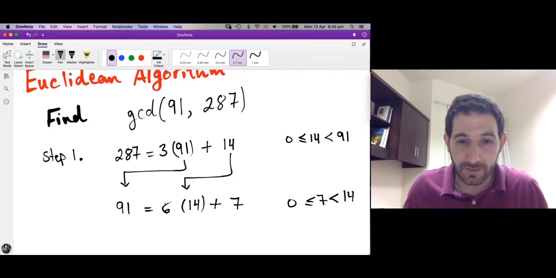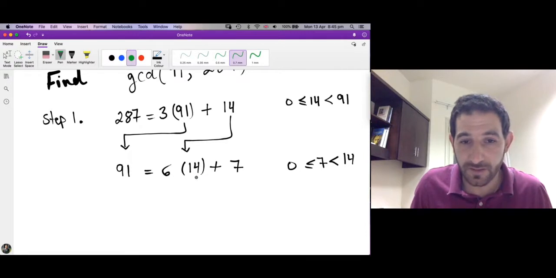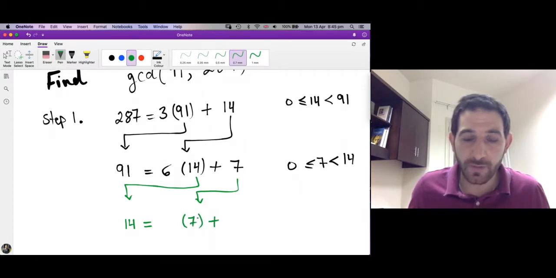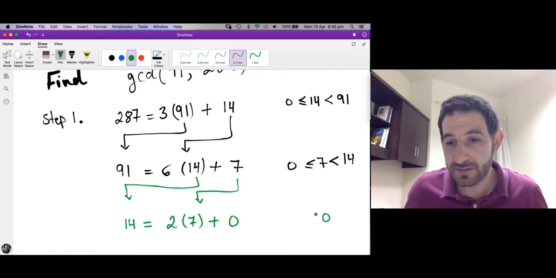Now we repeat this again, and divide 14 by 7 plus the remainder. How many steps of length 7 do we need to get to 14? It's 2. Actually, we hit 14, so the remainder here is 0. Notice that 0 is bigger than or equal to 0 and strictly less than 7.